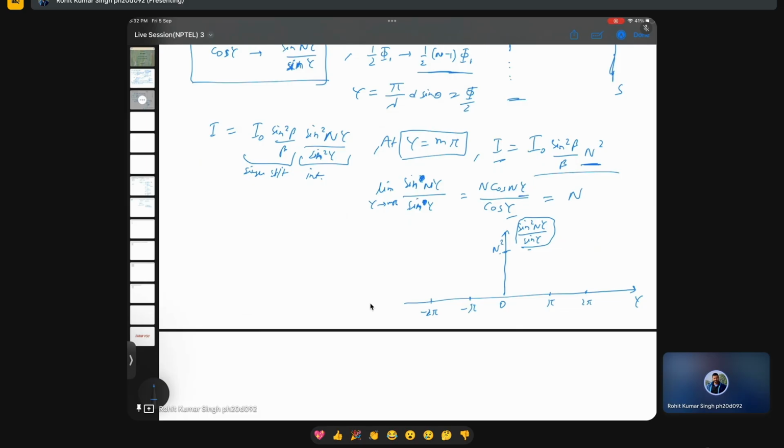So you have this, and then there will be secondary maxima here. Then again you have this, and so on. All of these heights will be the same.